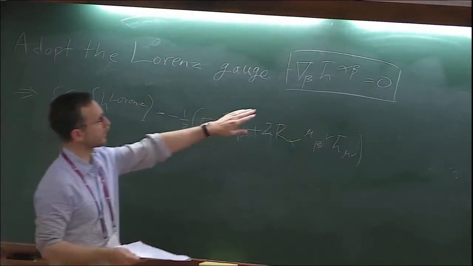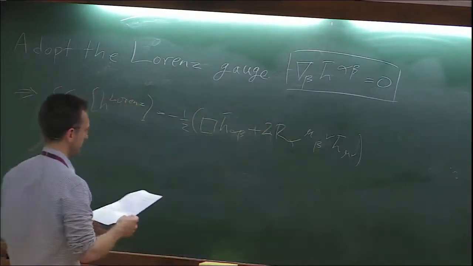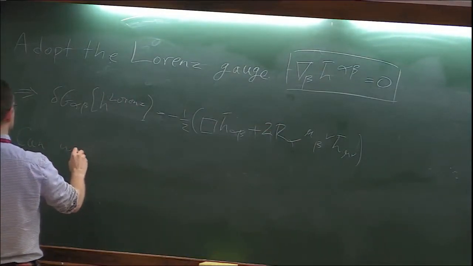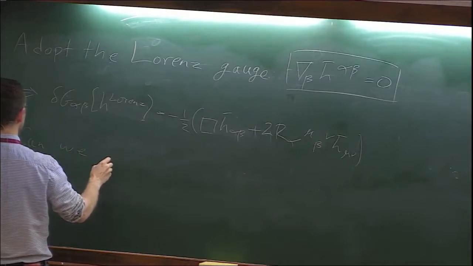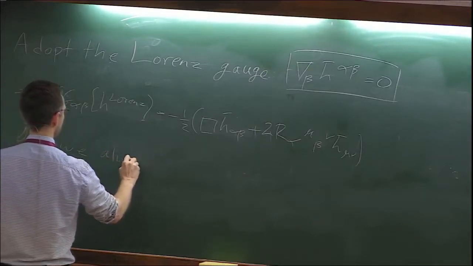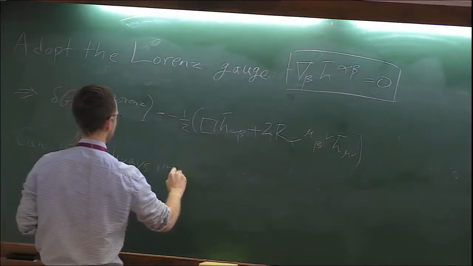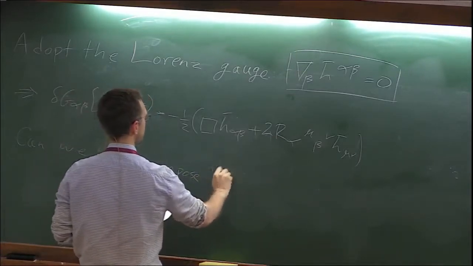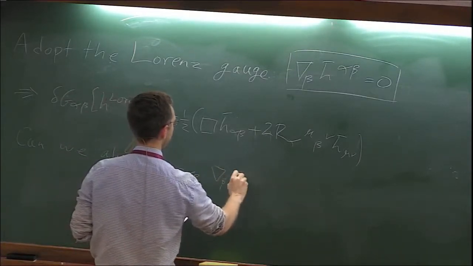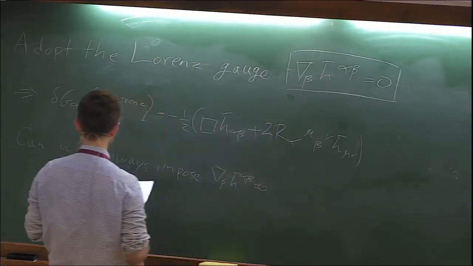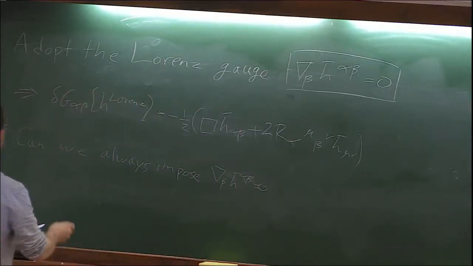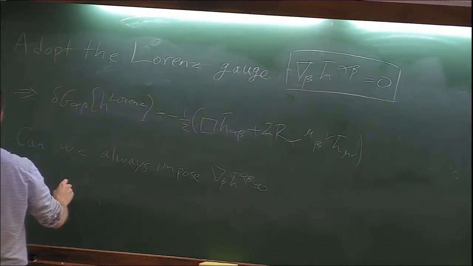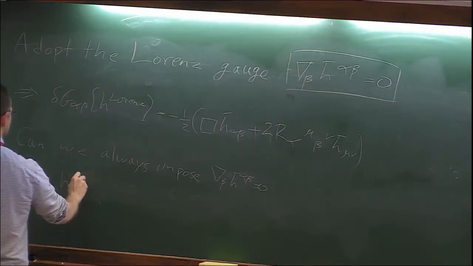Okay, how do we know we can always impose this? It's a fairly simple calculation to show that. Let's say we're starting with h in some old gauge, h old.